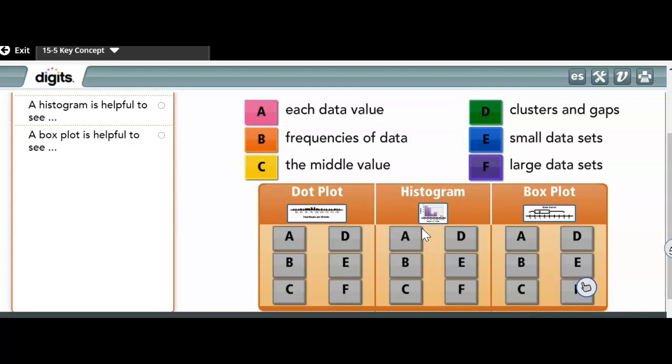You can use the letters more than once. I want you to talk about what would be the best one to use. It might be the best for 2 of them, but it might not be the best for one of them, so don't write that. So an example, dot plots. Maybe it's C, E, and F. Under dot plot, I'd write C, E, and F.